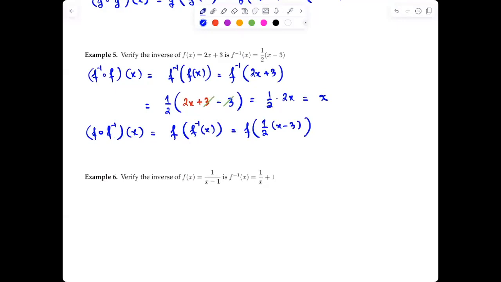And f of x is 2x plus 3. So you remove x and you replace it by 1/2 times x minus 3. So 2 times 1/2 times x minus 3, and then plus 3.